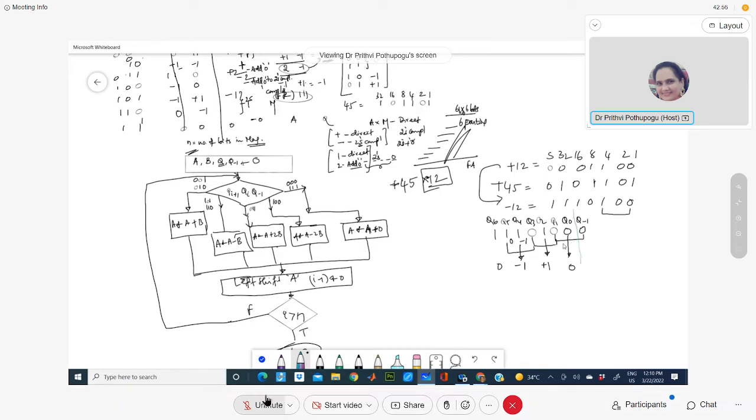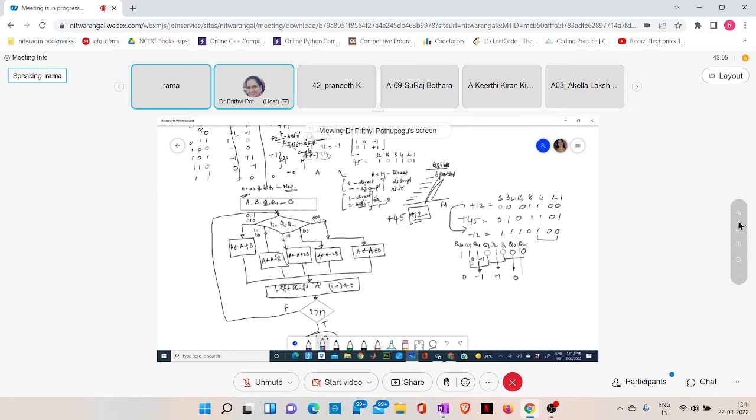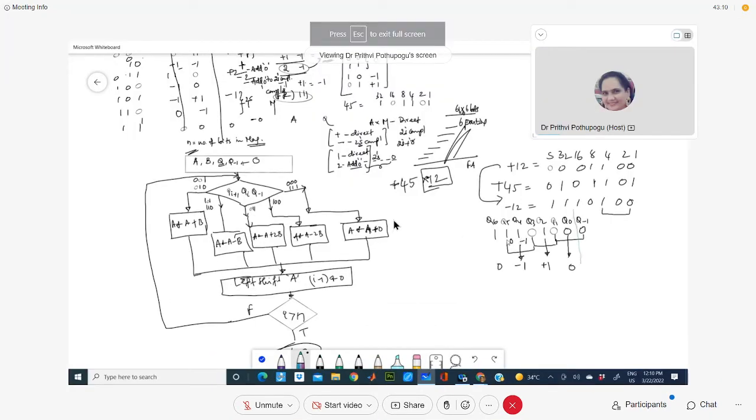This is 3 bits together we are considering. No, ma'am, I'm asking how you wrote that number. This one or this one? First, this is 12, -12. Okay, ma'am. Now I get it. This is -12, this representation.